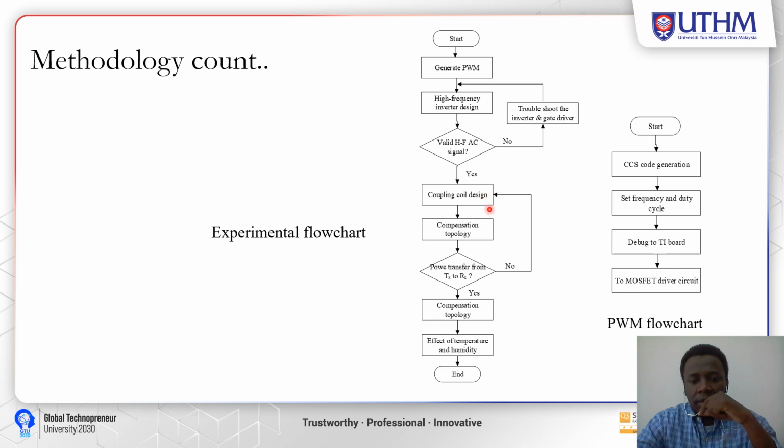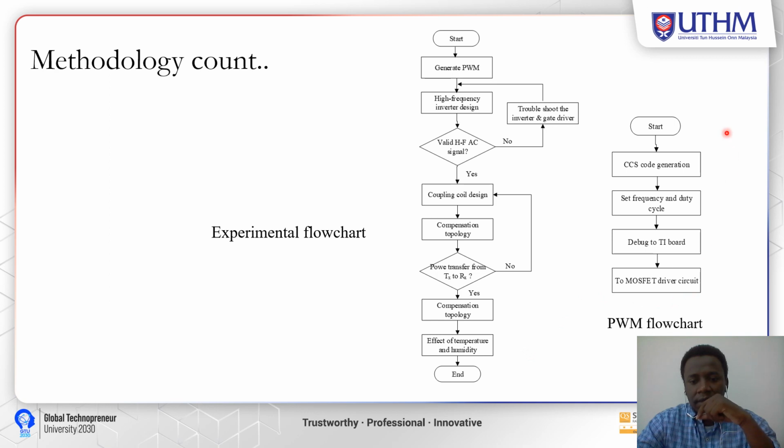From the coupling coil, compensation topology, and then to the primary and secondary plates. If everything goes to plan, then we move to the secondary compensation topology. If not, then we troubleshoot the coupling coil again. After the compensation topology is done, we test the effect of temperature and humidity, and that's the end of the project.